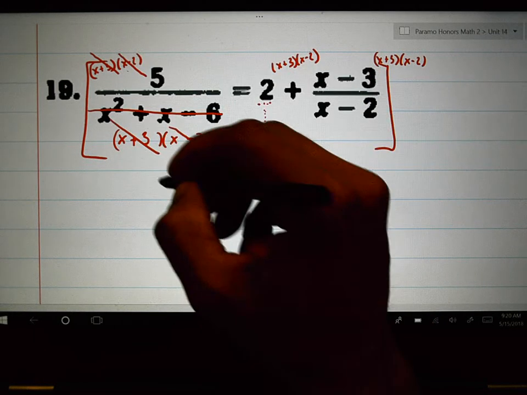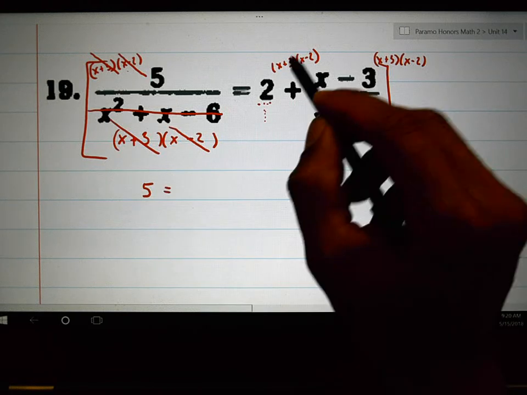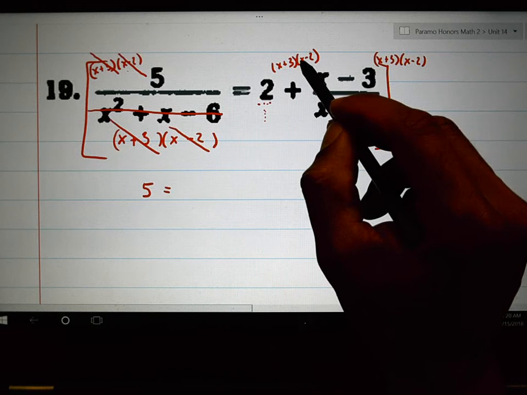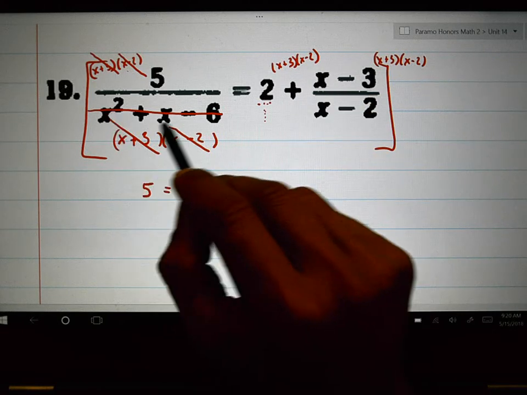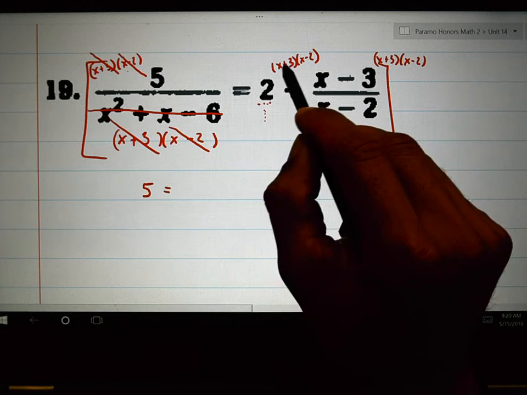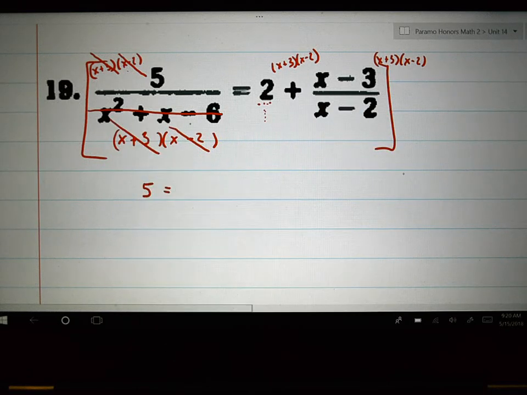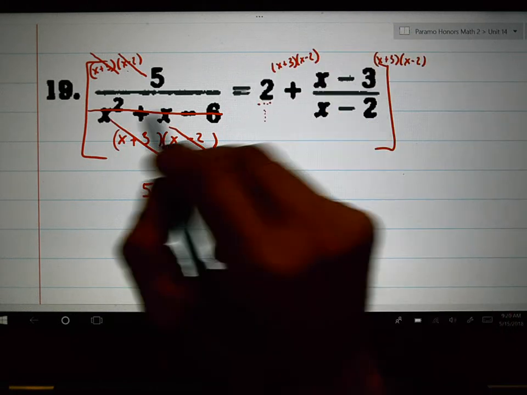This left side just equals 5. This right side, I have a 2 times x plus 3 times x minus 2. Well, guess what? That is the same thing as doubling this. X plus 3, x minus 2 is the same thing as this x squared plus x minus 6. I just have to take 2 and multiply this by 2.